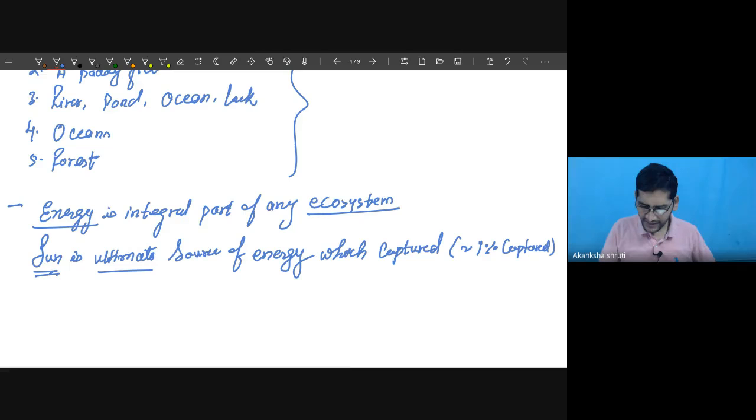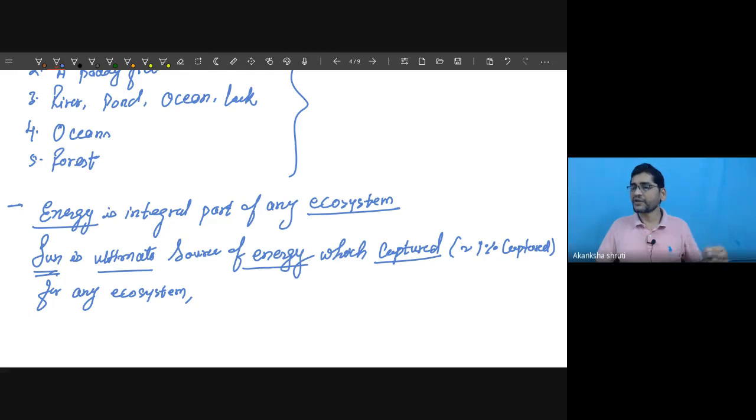So the sun is the ultimate source of energy for any ecosystem, and the energy captured from the sun by one organism is transferred to others also. For example, the plant gives fruits or grains for herbivorous animals, like even humans. Now carnivores take these herbivorous animals for their food. Food is what? Energy.